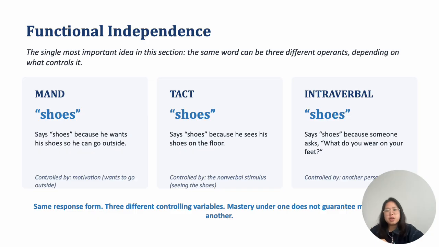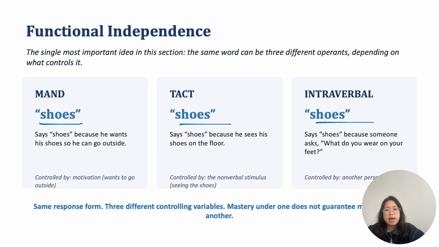So here's the single most important idea in this entire section. Look at the word "shoes" across all 3 cards. It's the same response form, but its function as a mand, a tact, and an intraverbal is each controlled by completely different variables, right?